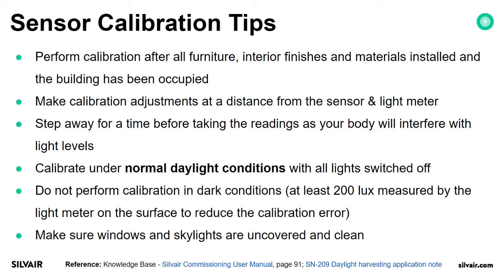Do not perform calibration in dark conditions. We allow only at least 200 lux measured by the light meter on the surface to reduce the calibration error. Make sure windows and skylights are uncovered and clean.